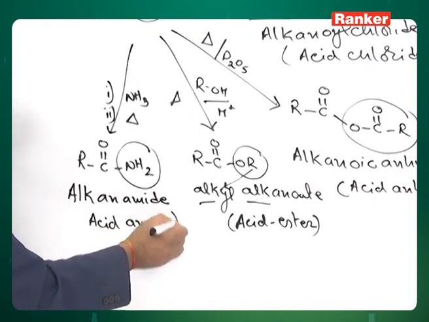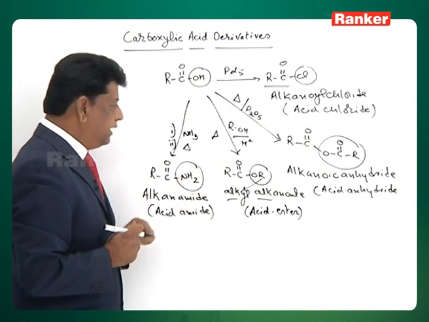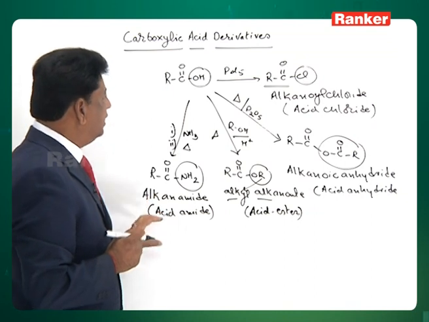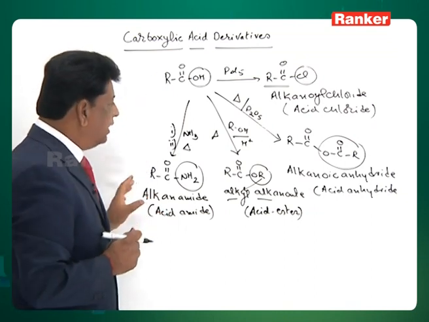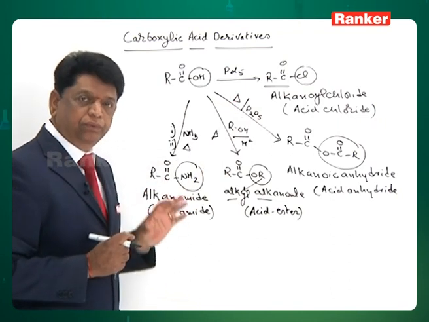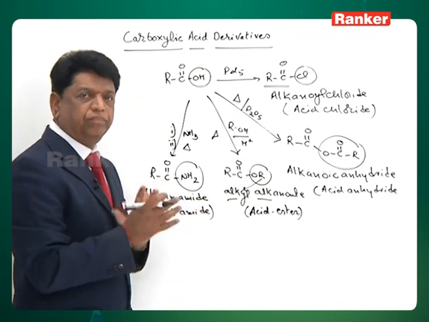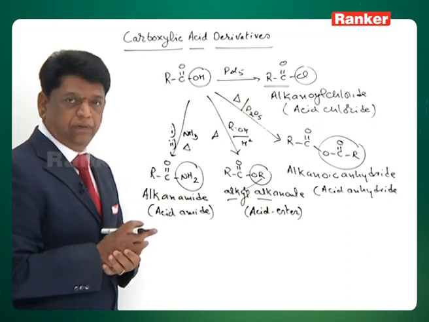So, there are 4 derivatives: acid chlorides, acid anhydrides, acid esters and the acid amides. All of them are formed from the carboxylic acid, therefore, they are called acid derivatives. Each one has its own individual reactions and applications. However, there is some continuity or interrelation between these 4 derivatives.